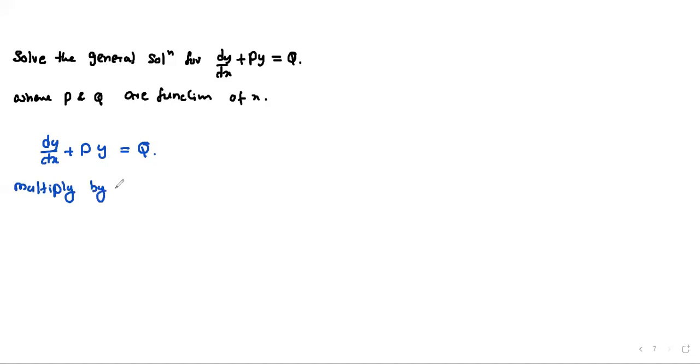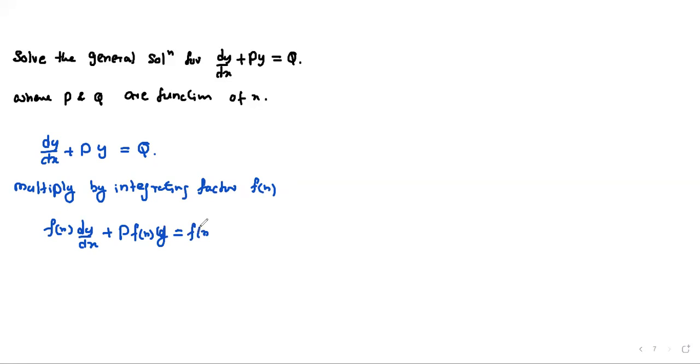Multiply by the integrating factor f(x), and we learn how to find it later on. Just make it as it is. Therefore it turns into f(x) dy by dx plus p f(x) y equals f(x) q.